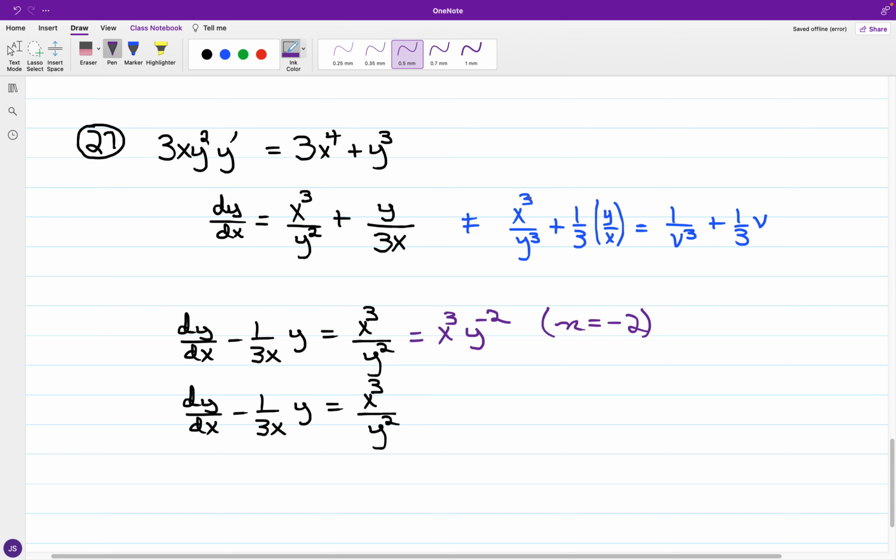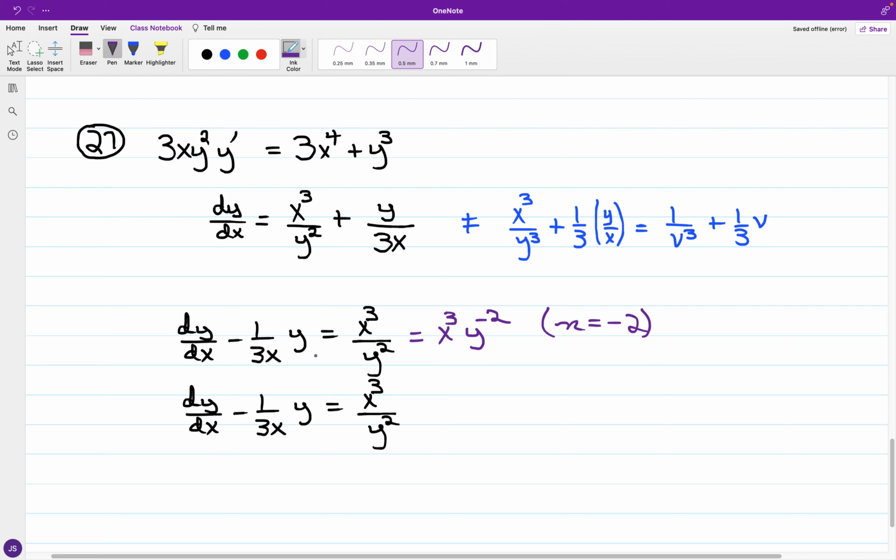And if I had x to the second over y to the second, this would be 1 over v squared plus 1/3 of v. So if I had matching degrees in x and y for the first term, I would have had a homogeneous equation. But what I have instead is a nonlinear Bernoulli equation.